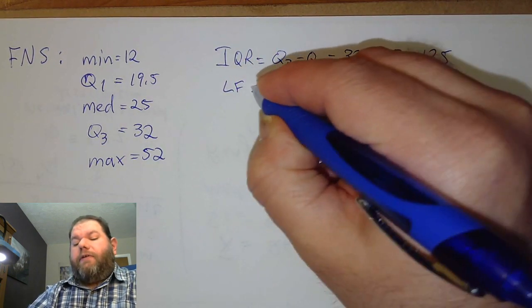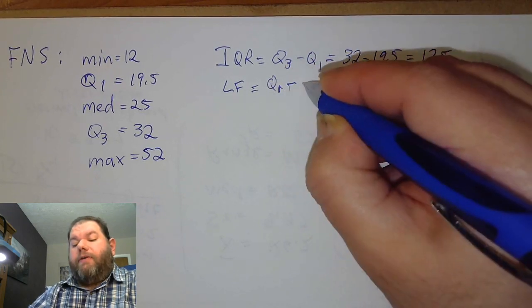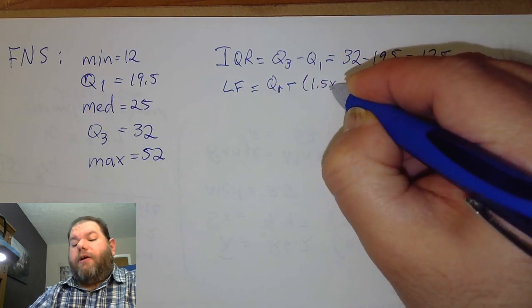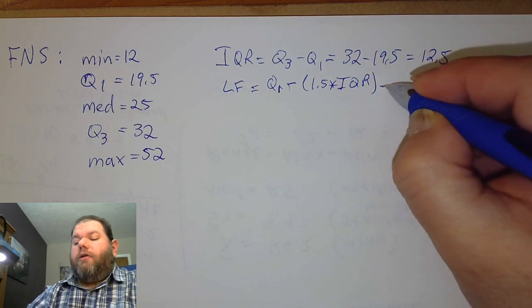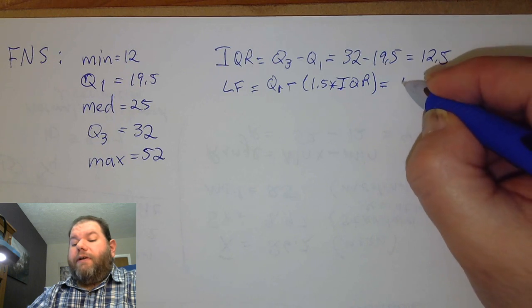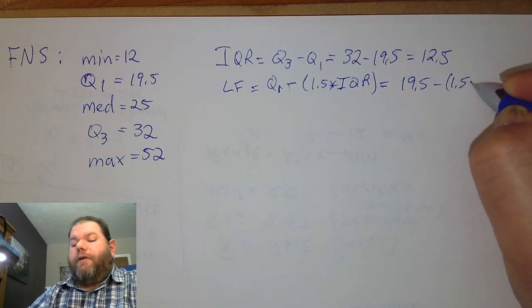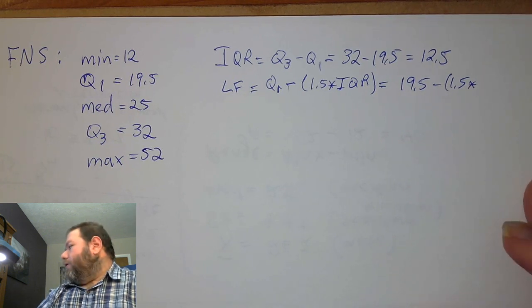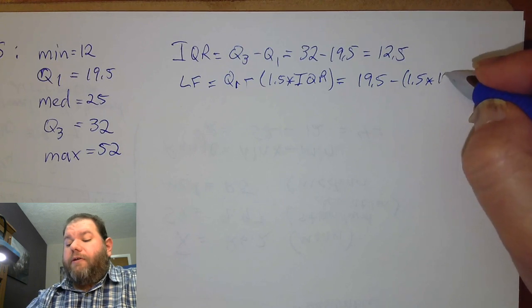Our lower fence is Q1 minus 1.5 times the IQR. Q1 is 19.5 minus 1.5 times, and then the IQR is 12.5. We just found that.